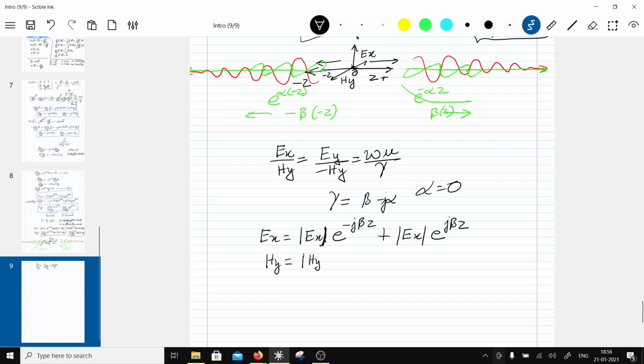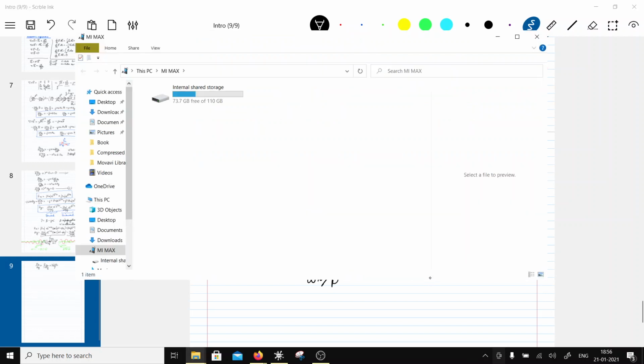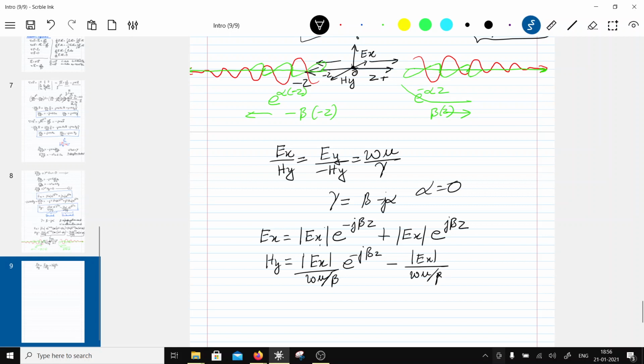Hy is going to be Ex by, sorry, let's do this clearly, Ex by omega mu by gamma. So in this case gamma will be beta, right? So Hy is Ex divided by omega mu by beta, e raised to minus j beta z, and then minus of Ex divided by omega mu by beta again, e raised to j beta z.